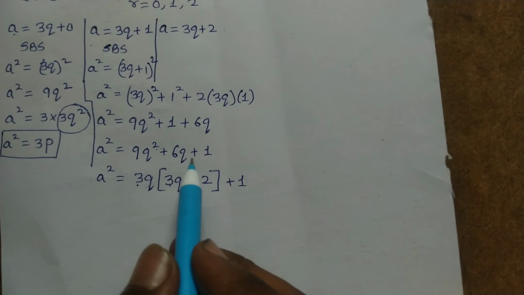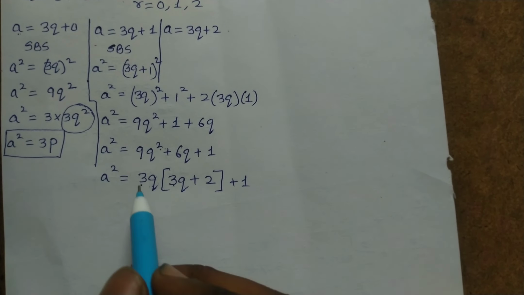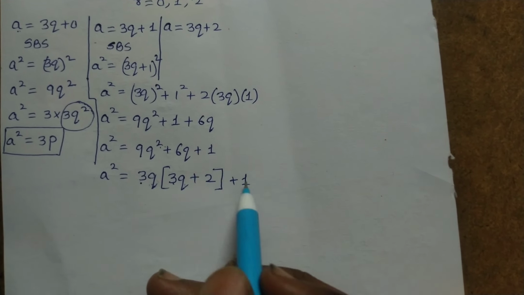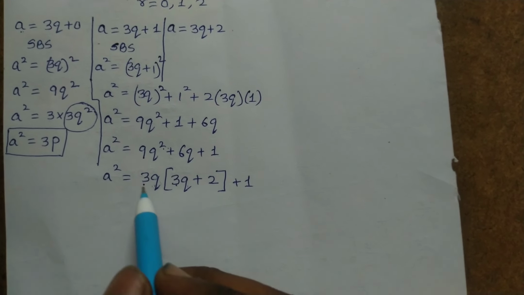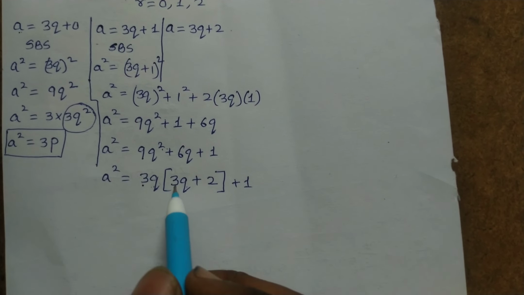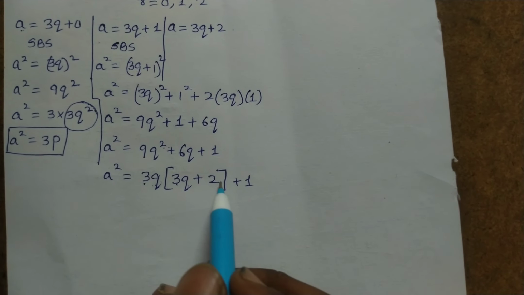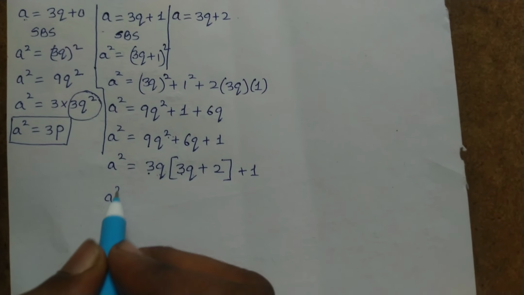We are getting the above result, right? So just take 3q common from these two terms, and plus 1 I am writing as it is. Automatically, what will be left here? 3q. And here, only 2.